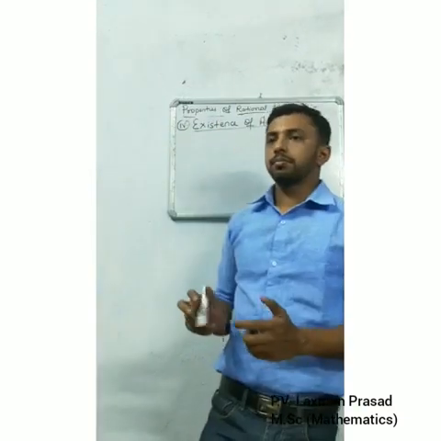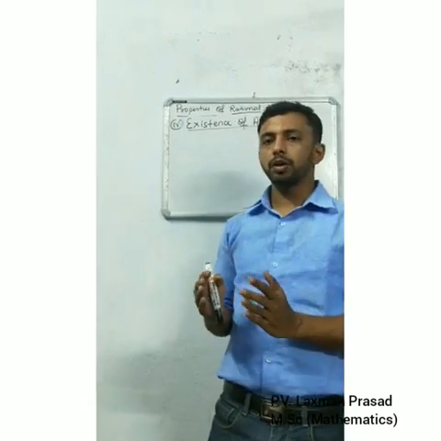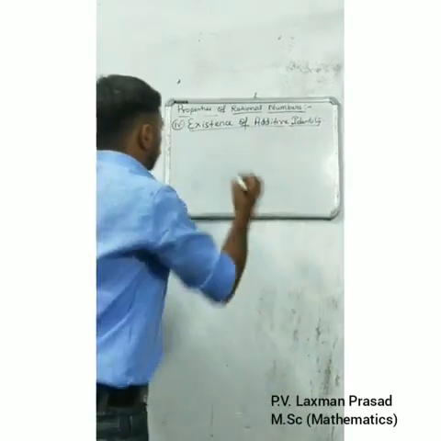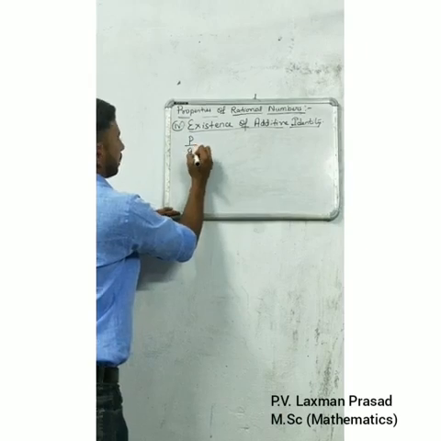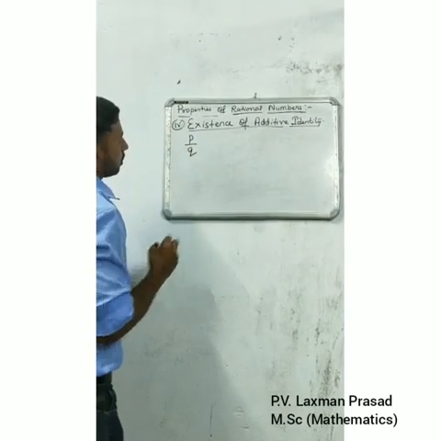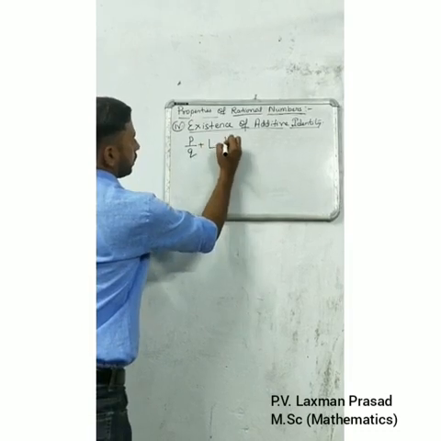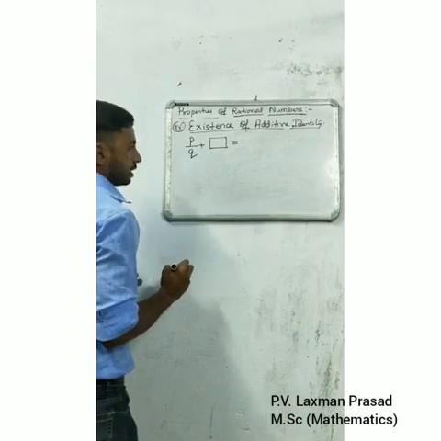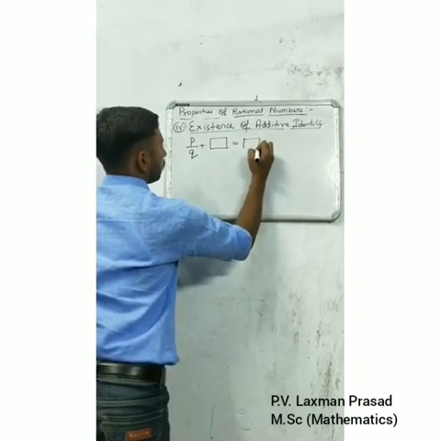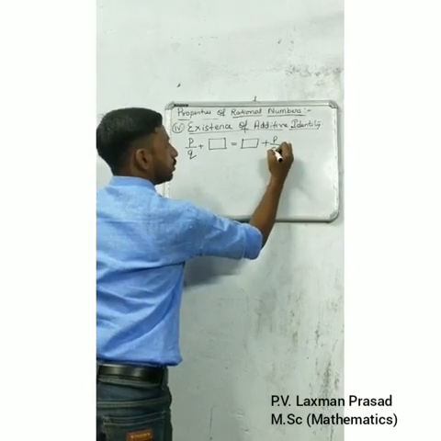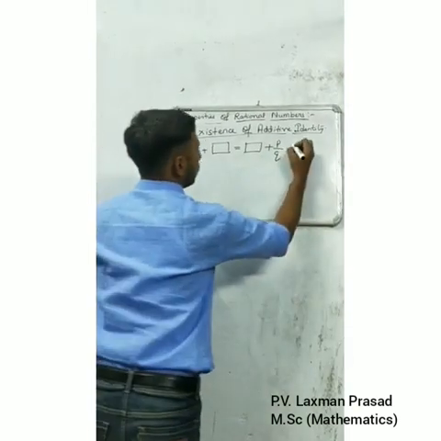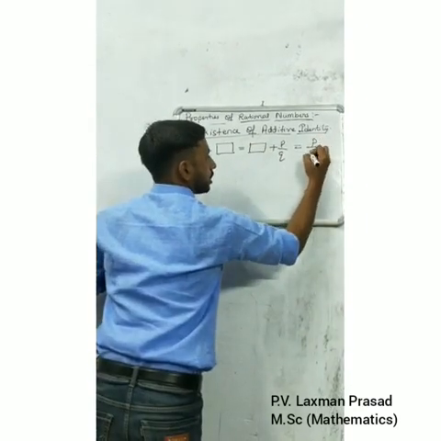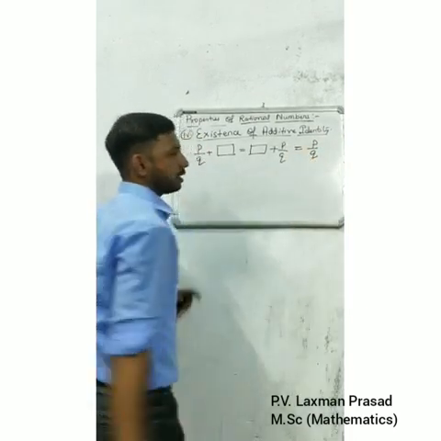Additive identity means a quantity which you are adding in a rational number, the result should not change. See, for an example, let's take a rational number p by q. I have to add a quantity here. Since the addition of rational numbers satisfies the commutative property, I can write it this way also. Box plus p by q. There's a blank space which we have to fill, and after adding something in this rational number, the rational number should not change. This will still remain p by q.